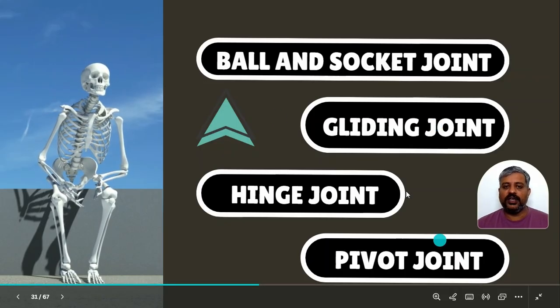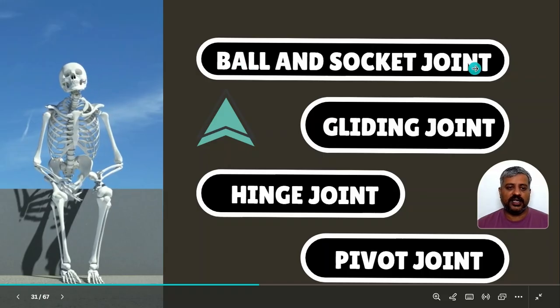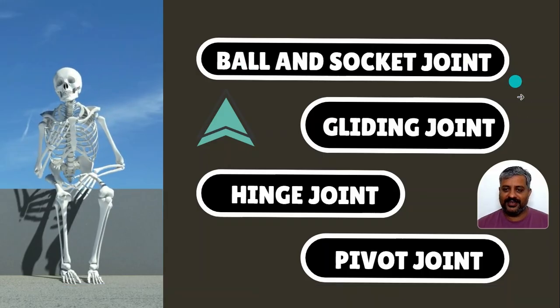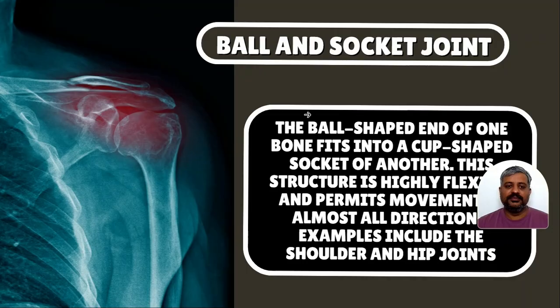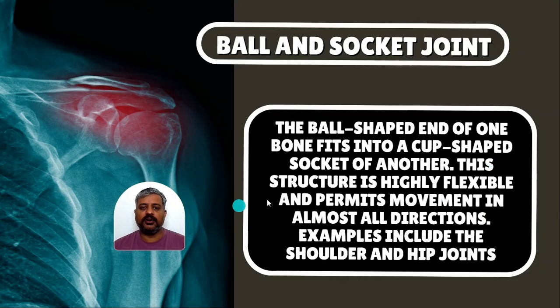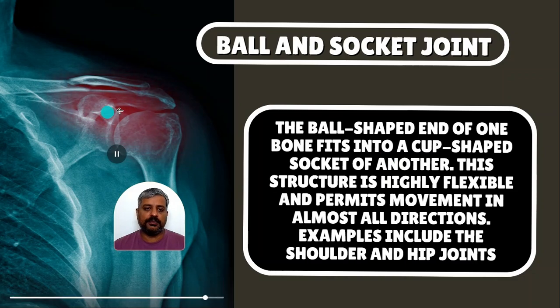So now we are going to study the ball and socket joint, right? You can see here the ball and the socket. Here is the ball-like bone and this is the socket. The ball shaped end of one bone fits into the cup. So here it is forming a cup, right?